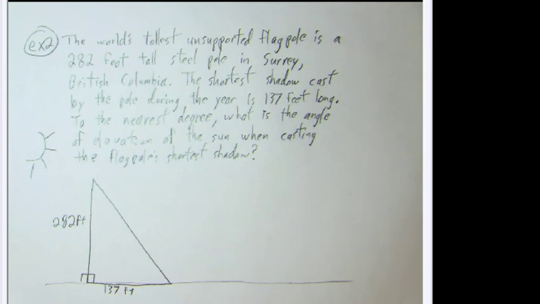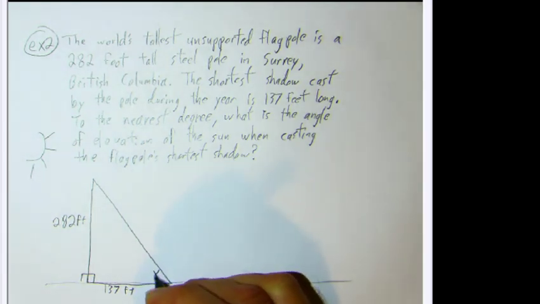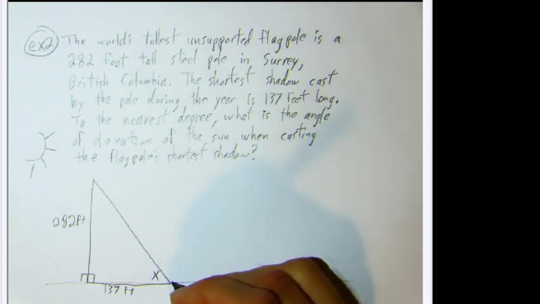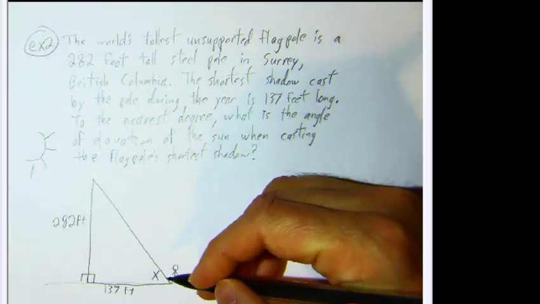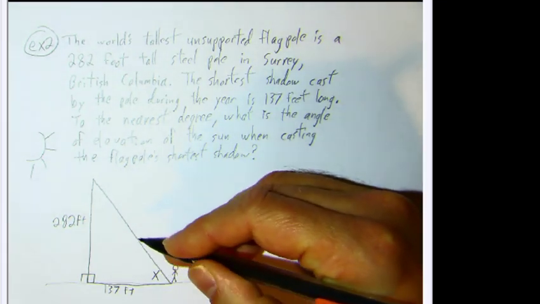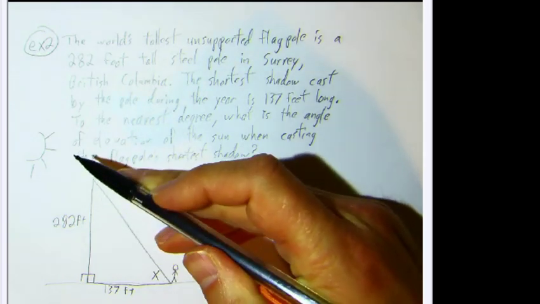What is the angle of elevation to the sun when casting the flagpole's shortest shadow? So then our x is going to be here, because if you think, okay, well, here's me standing around looking, then angle of elevation means how steeply do I have to look up to see the sun.